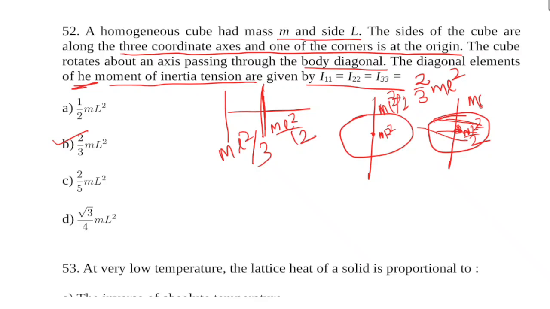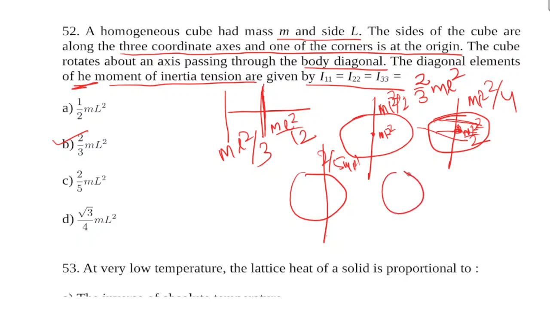Next, for a disk, about an axis passing through its center it is mr square by 2, and about its diameter mr square by 4. For a solid sphere, it is 2 by 5 mr square. For a hollow sphere, about an axis passing through its center, it is 2 by 3 mr square.